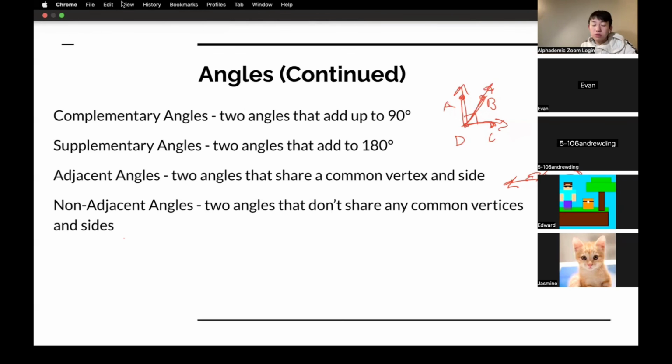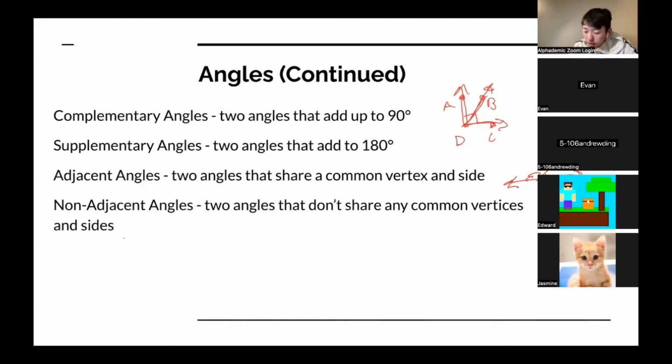And then adjacent angles are two angles that share a common vertex and side. Adjacent angles would look something like this. This isn't 90 degrees, but as you can see, they have the same vertex right here, and they share this common side as shown right here.